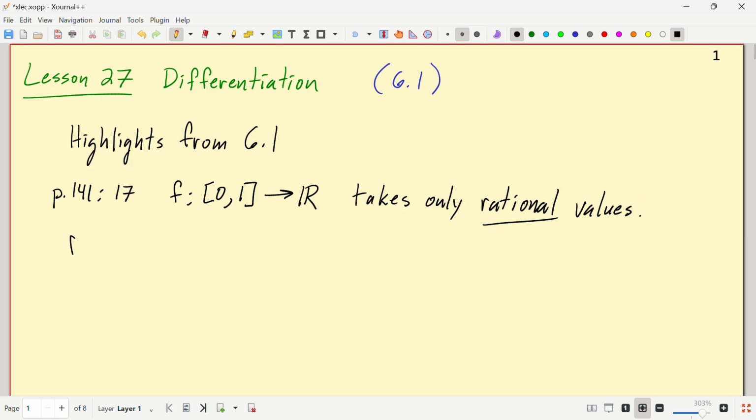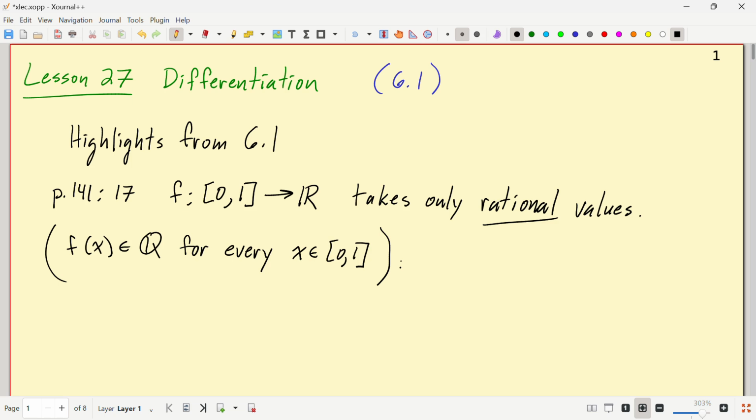Meaning that f of x is rational, so it would be in Q for every x. That's what that means.